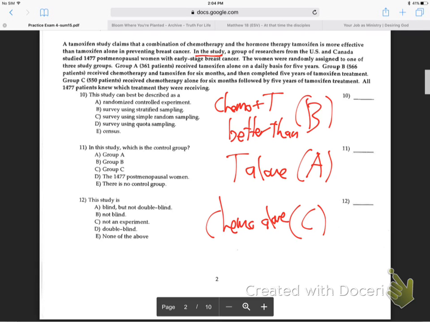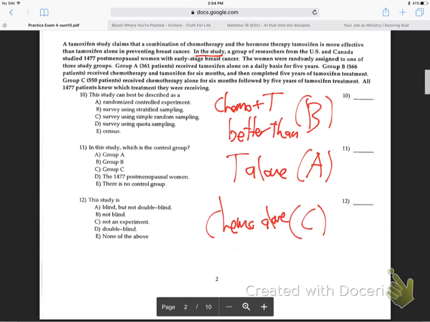What are we really trying to test? Chemo and tamoxifen. We're really trying to see if the tamoxifen helps. That's really what we're testing. So is there a group not getting the tamoxifen? Yeah, group C. So this is a controlled experiment, right? We will be able to see if the tamoxifen's making a difference because two groups are getting it and one group is not getting the tamoxifen, right?